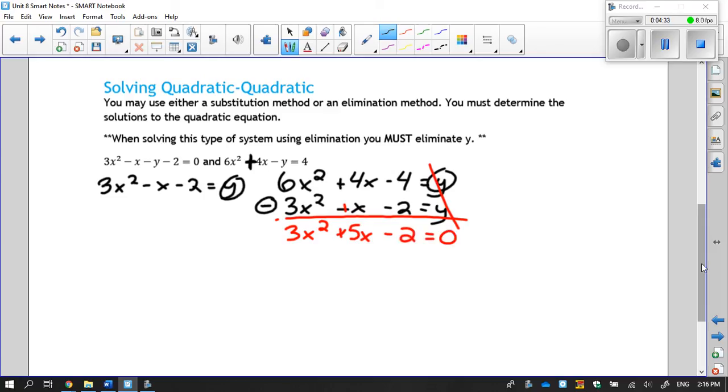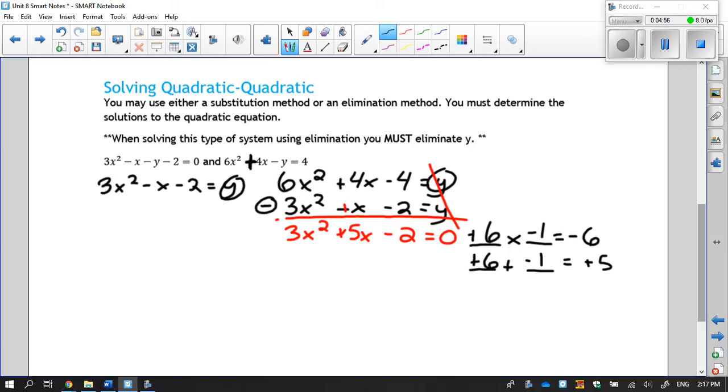Perfect. Now what we can do is factor this. It is not an easy trinomial, so this means we need two numbers that multiply to negative 6, but add to positive 5. That'll give us positive 6 and negative 1.